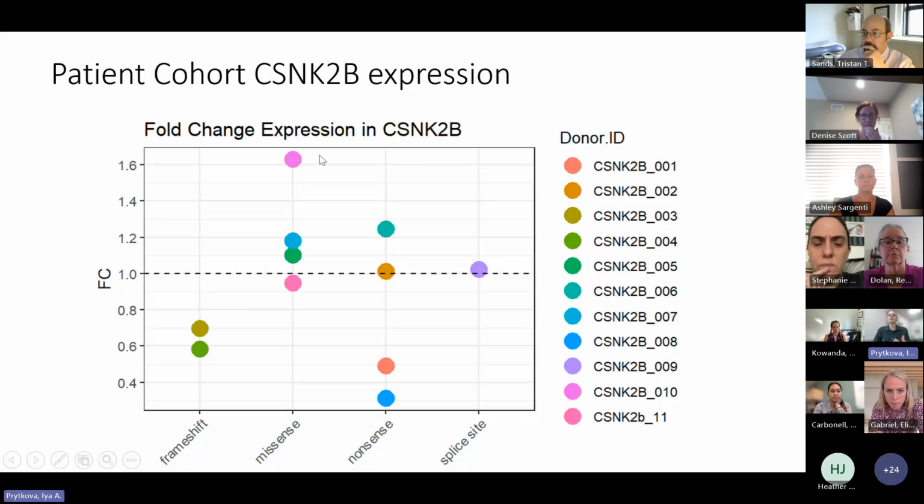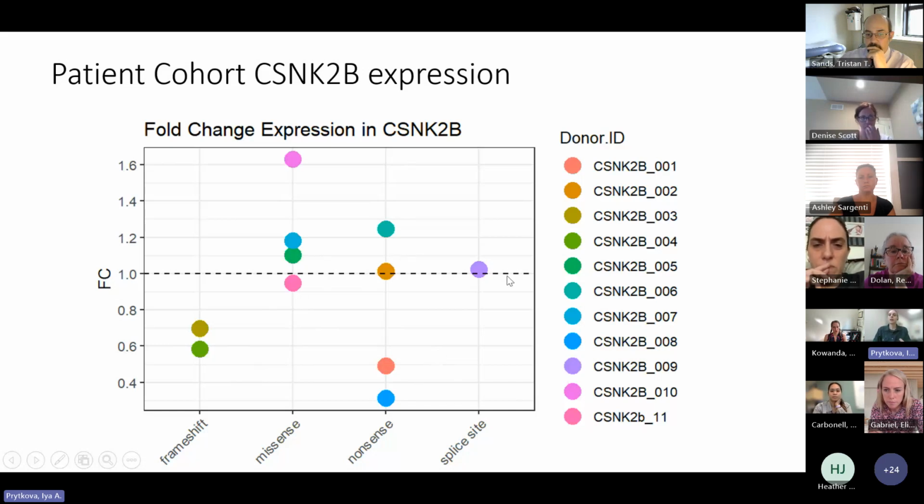So right away, we can see that there is quite a spread in variability between different mutation types. And just because it's the same mutation type doesn't mean it has the same effect. So we see both loss of function in terms of transcription as well as some putative gain of function variants.